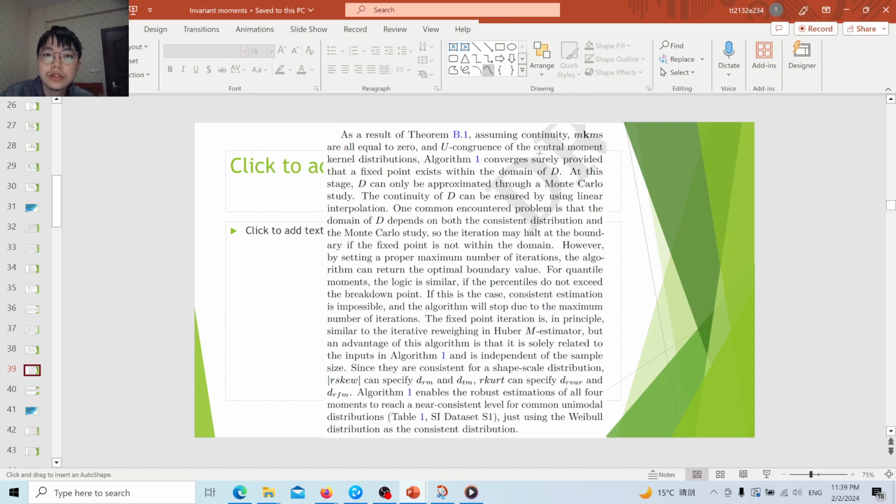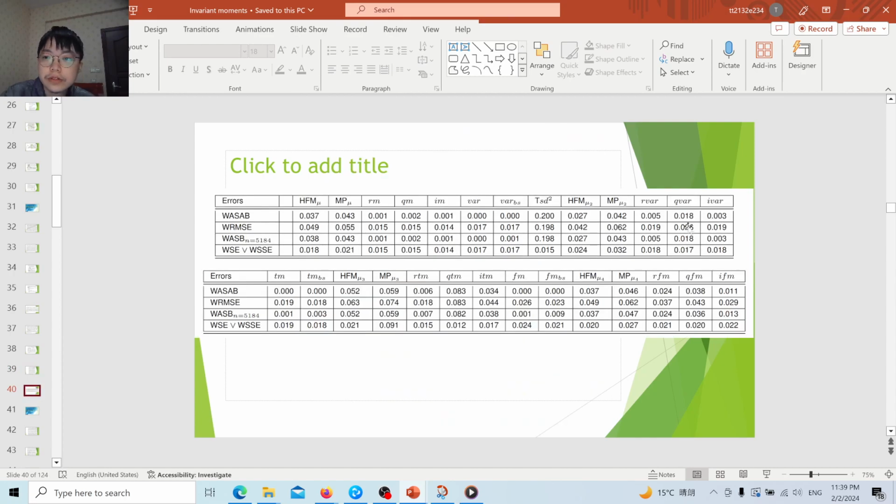Then we can suggest that all these methods use iterative reweighting. After using this method, as I show here, for the recombined variance and recombined third moment, you can get a very small bias, 0.005. It is also very small for the quantile fourth moments. Generally, these biases are very small.